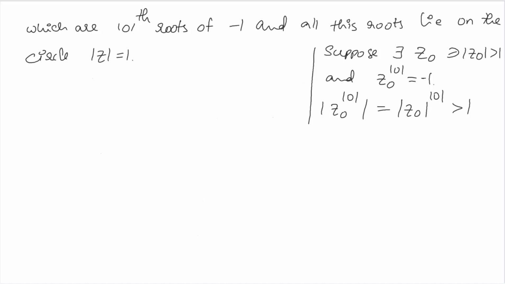But mod z naught to the power of 101 is equal to the modulus of minus 1, which is not greater than 1. It is equal to 1. So, a contradiction.